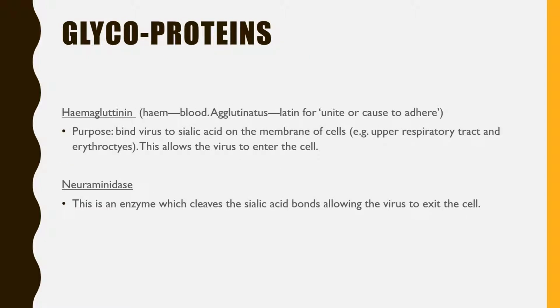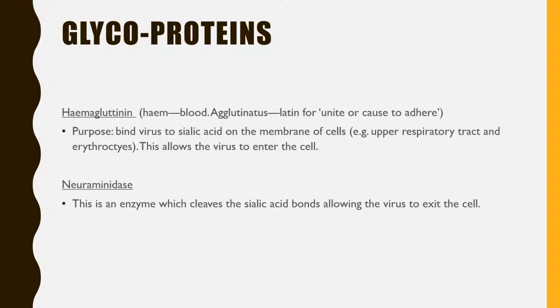I'm going to talk a little bit more about the glycoproteins on the surface of the virus. The H stands for hemagglutinin, and this can be broken down into heme and agglutinin, which are Latin for blood and unite or cause to adhere. This is because hemagglutinin has the function of being able to cause blood to clot and bind together.